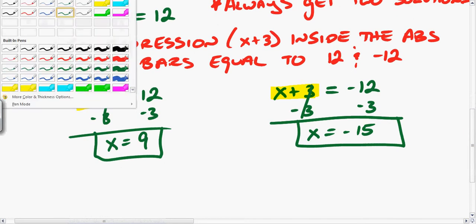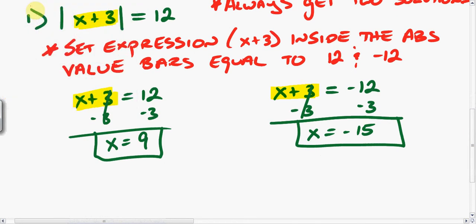But what do you think we want to do to make sure we're correct? If you said check, you're correct. Since we have two solutions, we want to make sure we check twice. So we're going to check for x equals 9 and also for x equals negative 15.